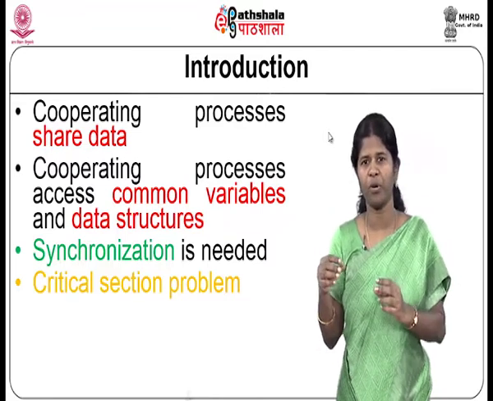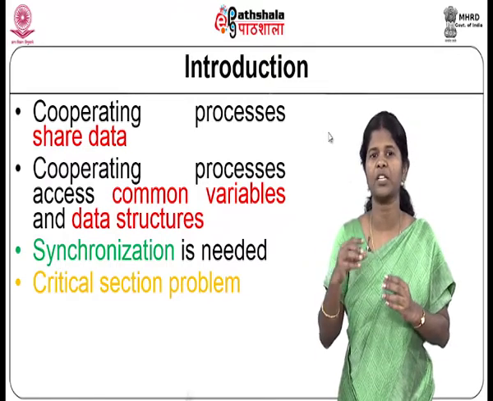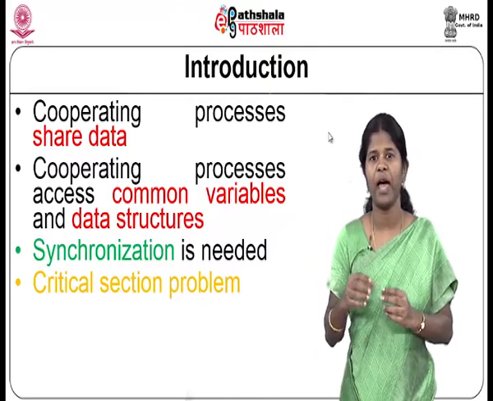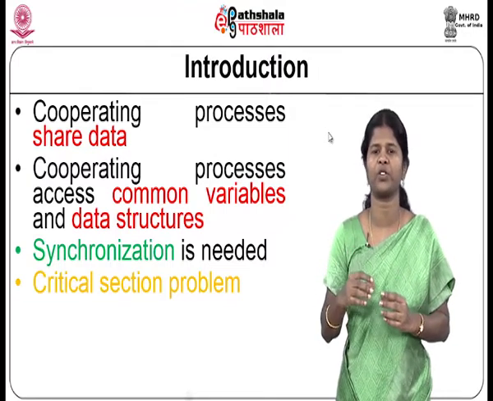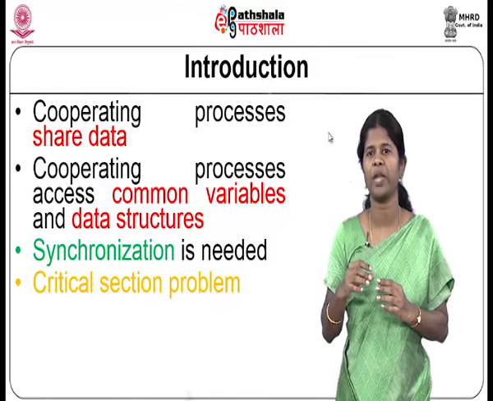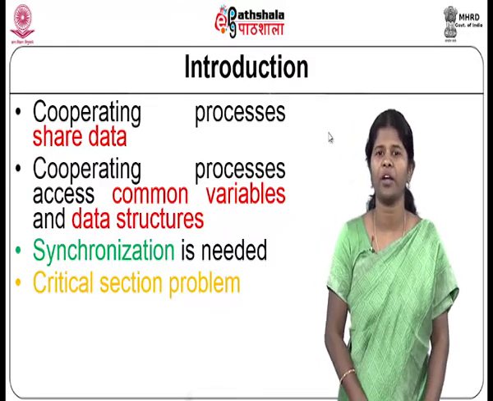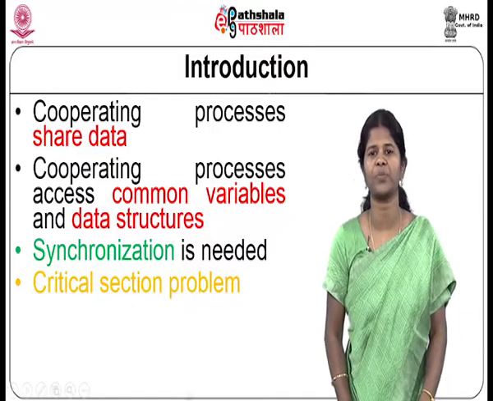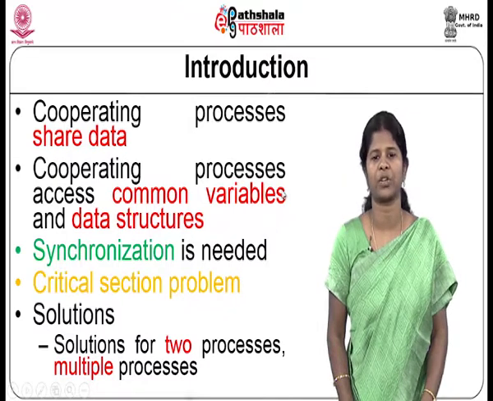The portion of code within each process where it accesses shared data is called a critical region of code, and when a process executes the critical section, there should be no interruption. It should be executed atomically, or you need some solution provided using synchronization tools to solve this critical section problem.